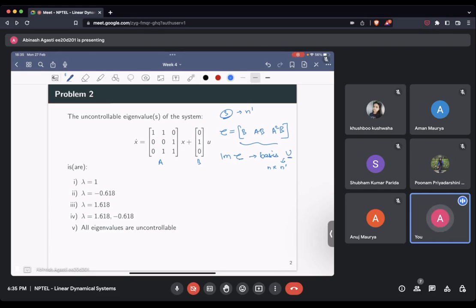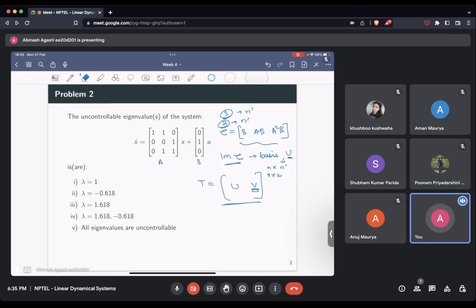So U will be 3 cross 3, right? But let's say if C is rank 2, then n dash is 2. So we'll have 2 vectors in the basis of the image of C, and this U will be 3 cross 2. Then our transformation matrix will be U and some V, where V is chosen so that the columns of the total matrix are linearly independent.